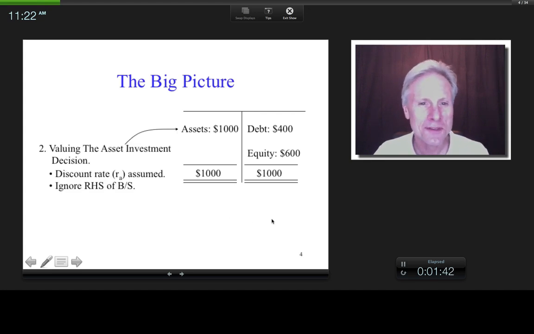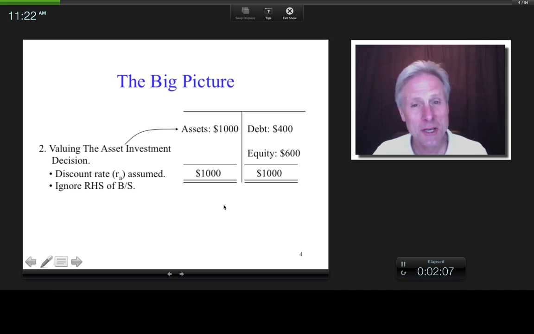So then we moved to the left-hand side of the balance sheet, and we looked at the asset investment decision, and what was some bottom line analysis that we conducted that would say, if this is true, this is value creating, at least with respect to what you quantify in the analysis? And that was net present value, right? And what two things did you need for net present value?